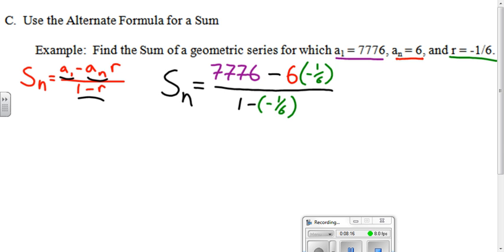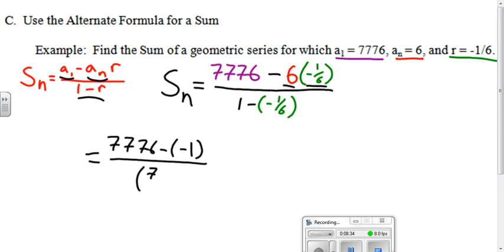Okay, now all we have to do is continue to solve through. So we'd say 7,776 minus, well, 6 times negative 1/6 comes out to negative 1. And 1 minus negative 1/6 is going to come out to 7/6, or 1 1/6.